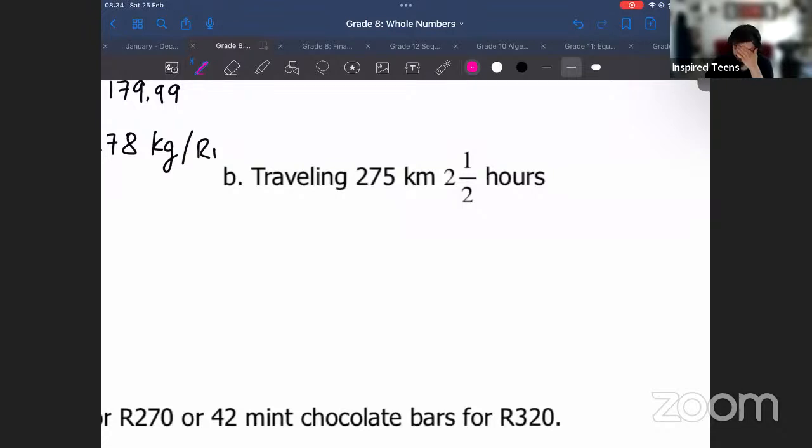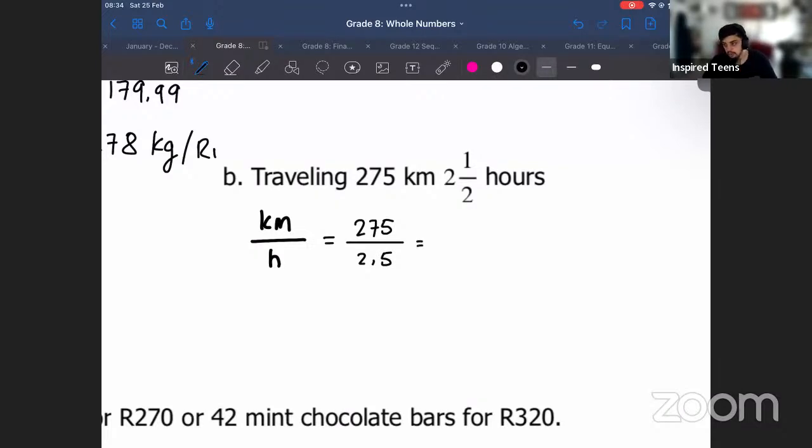Remember, these are units. Kilometers per hour, not kilometers per minute, because they've given us hours. So it's better to do it in kilometers per hour. We are going to say 275 divided by 2.5.